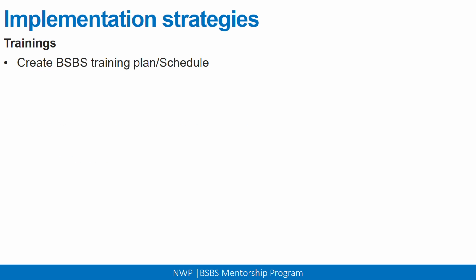In this plan or schedule, you indicate the topics that you are supposed to train people on. Then you indicate who is going to perform those trainings, and when you are performing them. Lastly, you put the status of whether or not you performed the training.